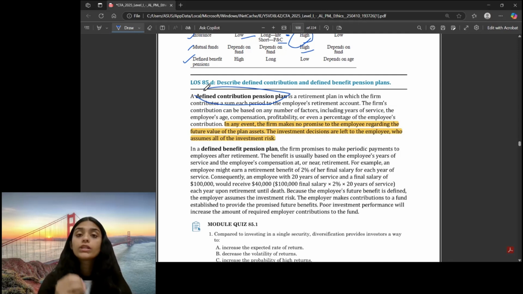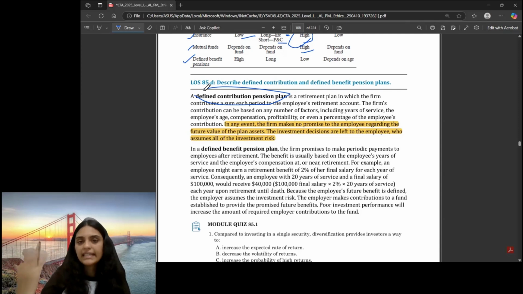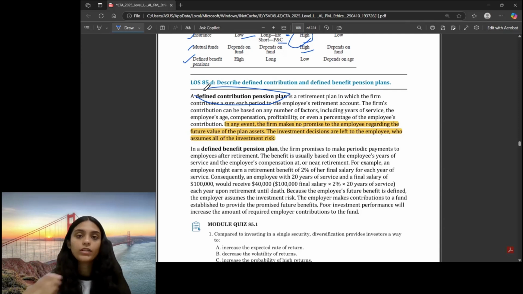The employee chooses where the fund is invested, for example, mutual funds. For example, the company contributes 10,000 rupees per month to that fund. After 30 years, how much you get depends upon the investment risk you take and the returns that you get. That's the amount you will get at the end of the 30 years.